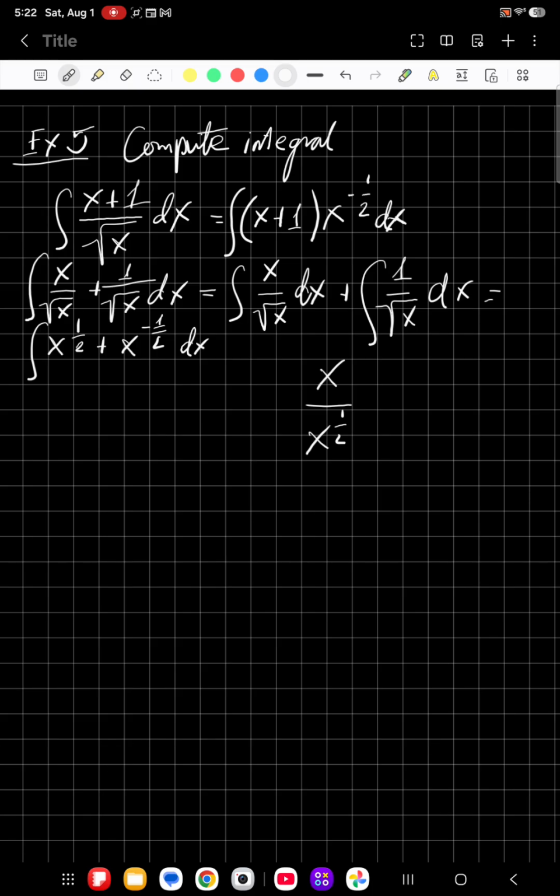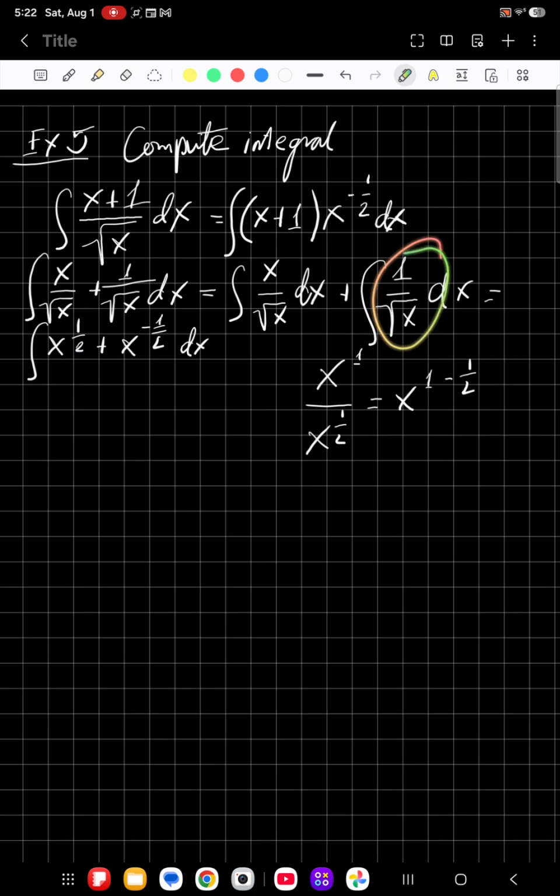When we have division and the same variable, we subtract the exponents, the same thing as I did over there, just a slightly different way. So I'm subtracting those exponents, and this is still a half.